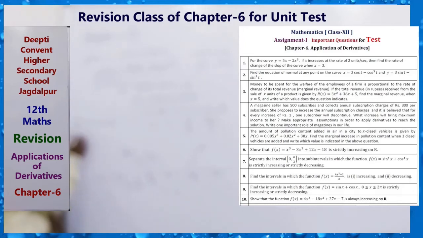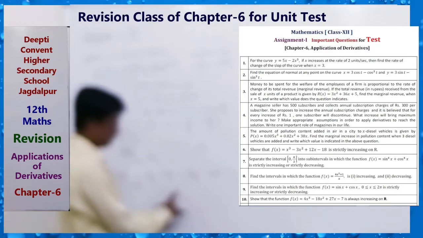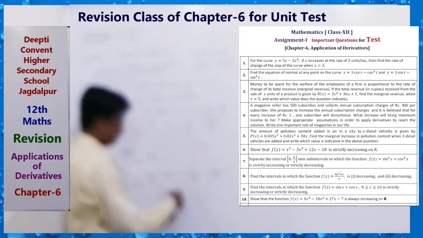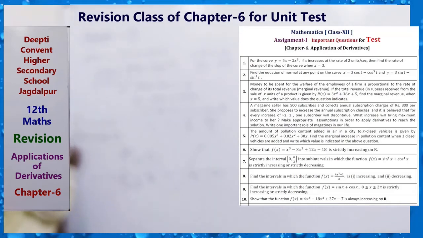F dash x is strictly less than 0, in the interval pi by 4 to 5 pi by 4. Up to here. Now here cos is greater, sine is smaller. That means f dash x is greater than 0 from 5 pi by 4 to 2 pi.